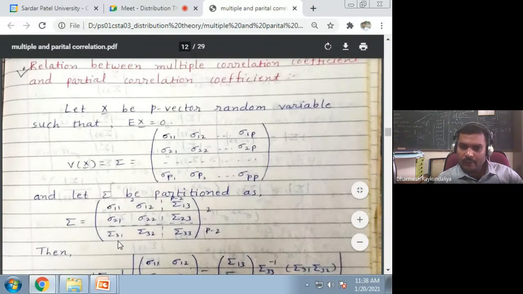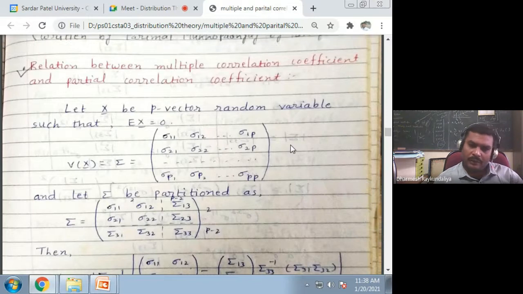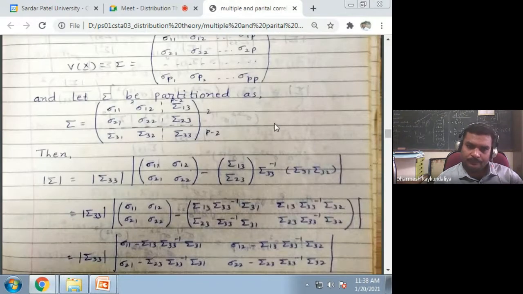Sigma 3 1 is the covariance between x3 transpose and x1. This is x3 transpose and x2, and this is the covariance between x3 and x3 transpose. Why? Because I wish to establish the relation between the partial correlation and multiple correlation, so I will partition the sigma matrix in this way.